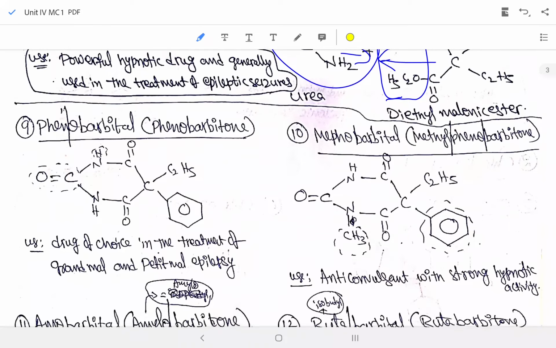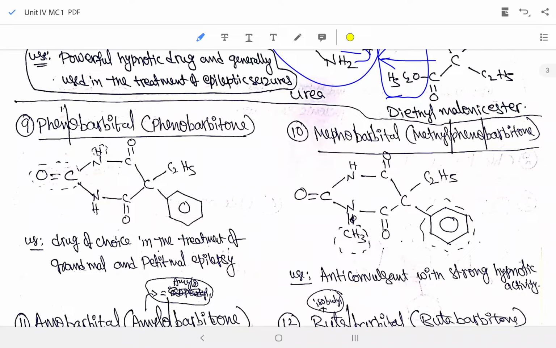Next, see the structure of phenobarbital. What is the difference here? One of the substituents at the fifth position is a phenyl ring, so it is phenobarbital.